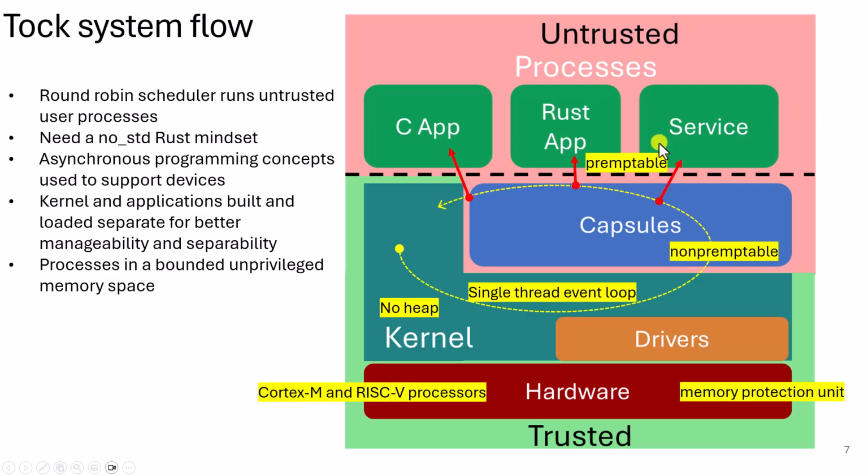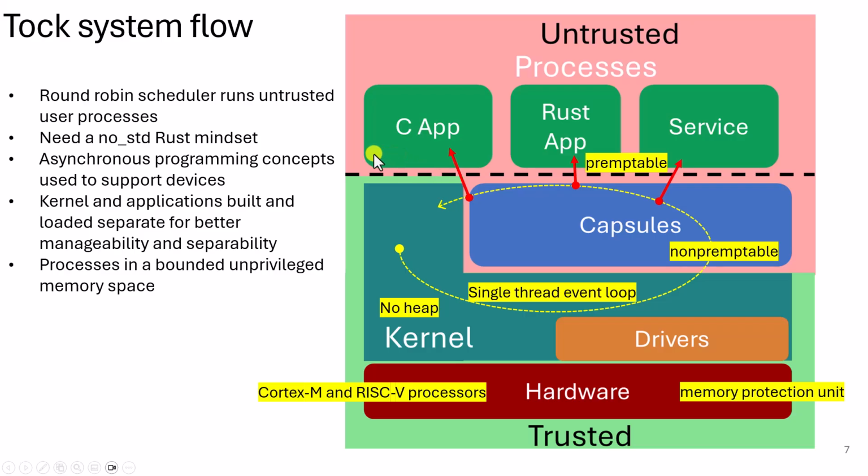The scheduler in here decides whether a process is preemptible. I was referring to the bullet here, that the round robin scheduler runs untrusted user processes in a preemptible mode, so they can just be interrupted in what they're doing. There are other schedulers that can be used with the kernel that don't do that.